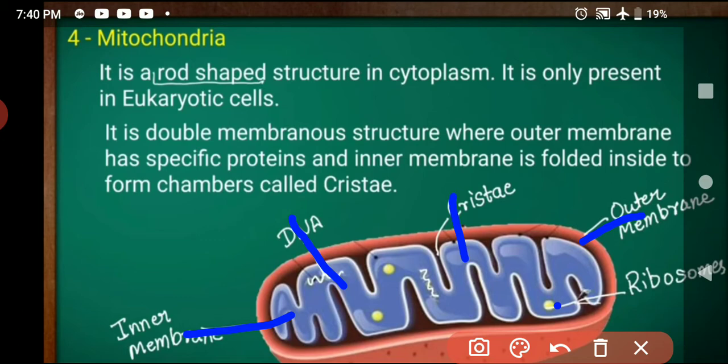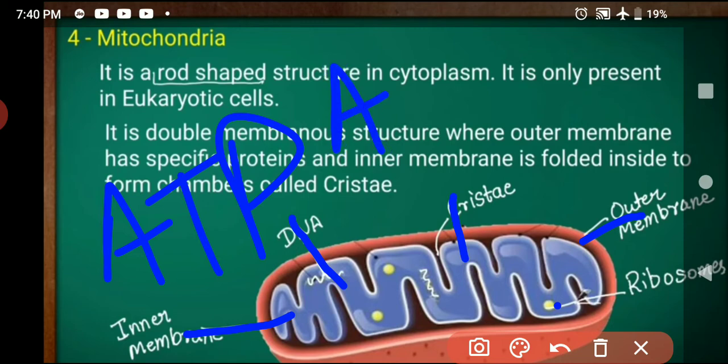And see, mitochondria are sites of cellular respiration. Due to the oxidation of the nutrients, energy is released in the form of ATP, adenosine triphosphate.